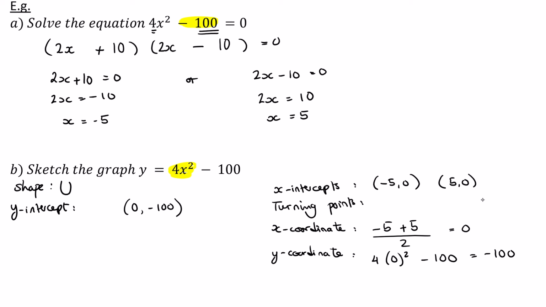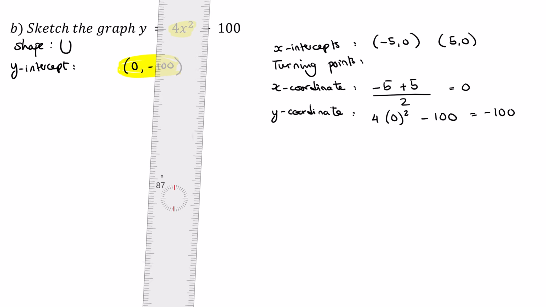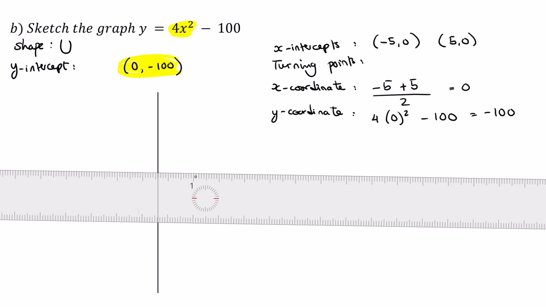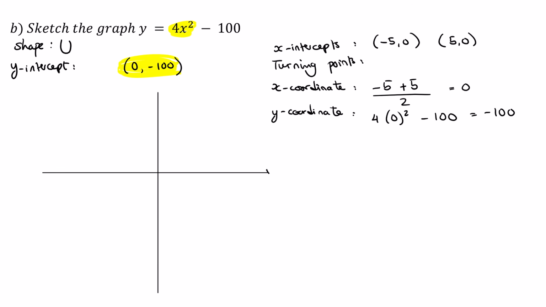These ones are also quite nice because your turning point is at the y-intercept. So the graph turns at the y-intercept. So again, I'm going to get my ruler. Nice and neat axes. Always label your axes.